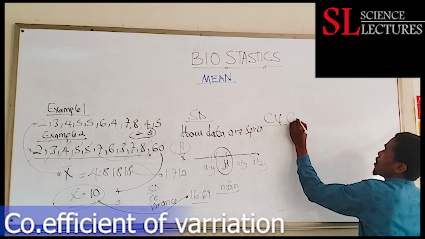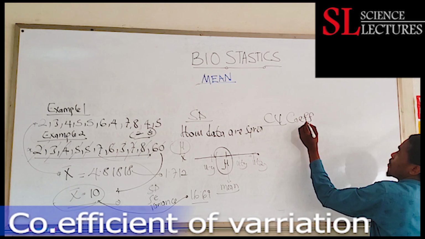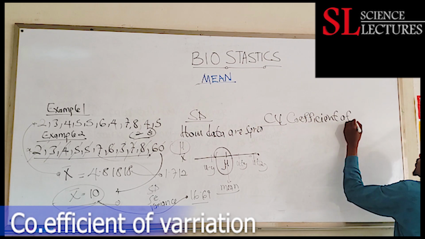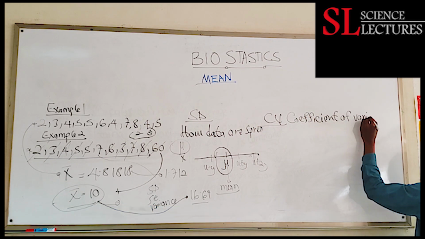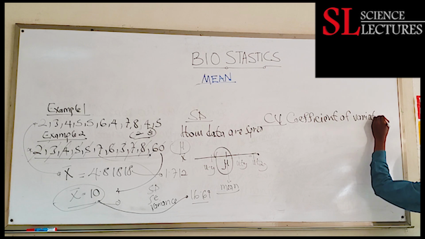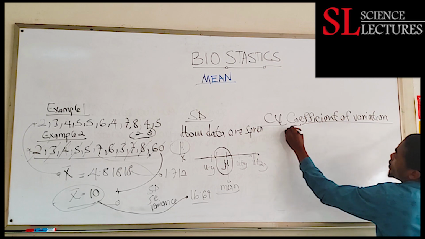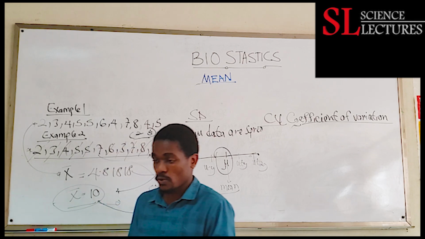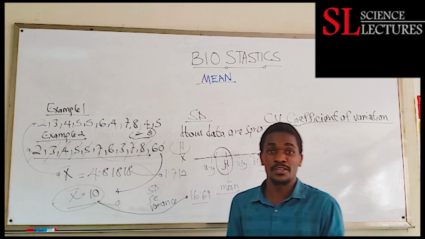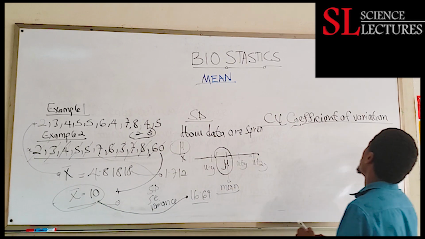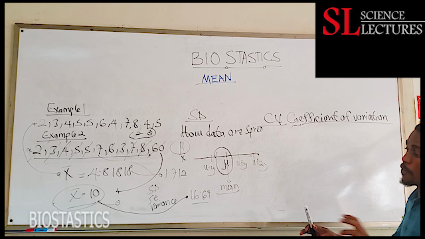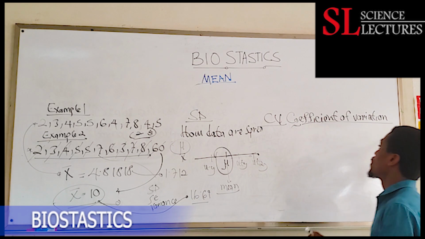Coefficient of variation, or what we refer to as the CV. So the CV will be used to compare. It is going to be used to compare the means, the populations with different means.